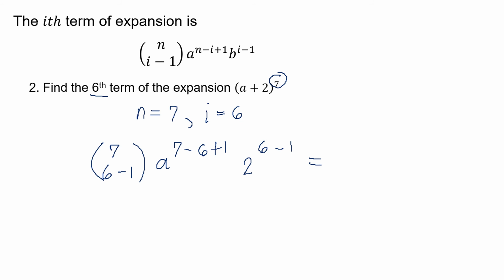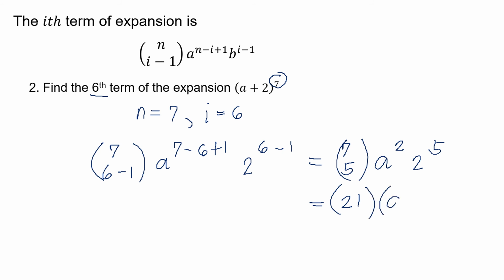This is now equal to 7 taken 5 times a raised to 2, and this is 2 raised to 5. If you evaluate the combination of 7 taken 5 at a time, that is equal to 21. So this is 21 times a raised to 2, and 2 raised to 5 in your calculator is equal to 32.